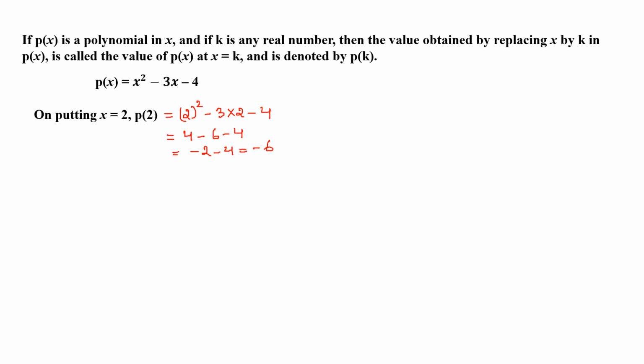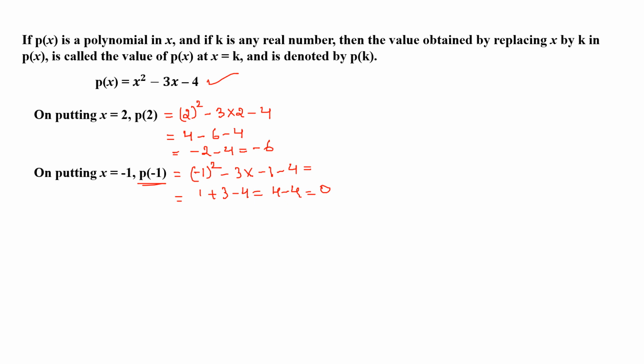Now next I am going to take different values of x. So now I am going to put x as minus 1. So let's see what will happen. So it will be minus 1 square. Now I am checking this again in the same polynomial. Minus 3 into minus 1 minus 4. So minus 1 whole square will give me 1, minus and minus plus 3 minus 4. 1 plus 3 is 4 minus 4 which will give me 0.